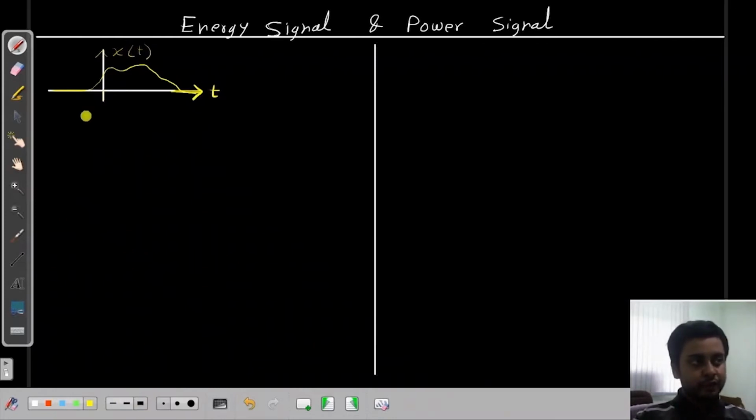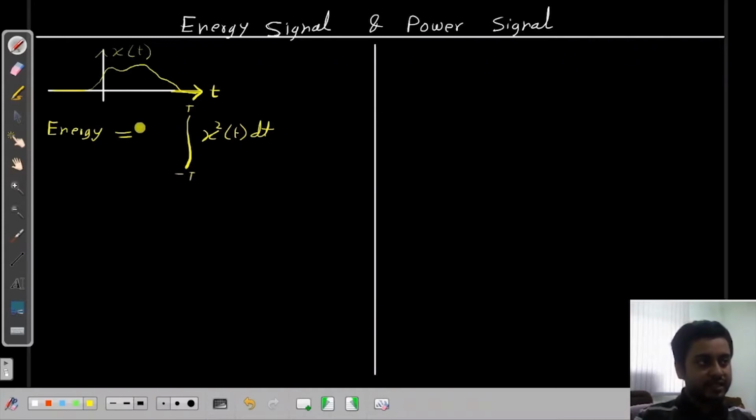Now if you calculate the energy, that is integration of x square t dt from minus T to plus T with limit T tending to infinity, you will get some finite number.